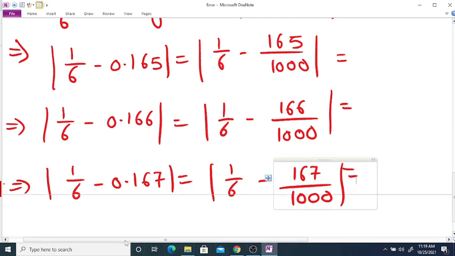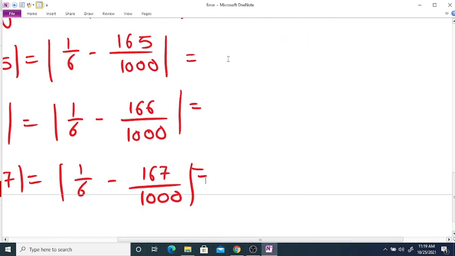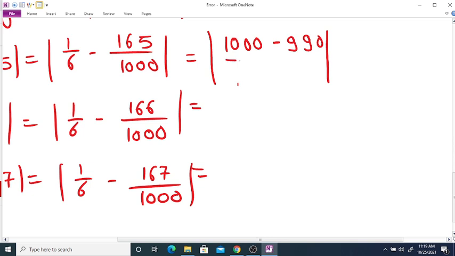it is equal to 1000 minus 165 into 6, which is 990, divided by 6000.